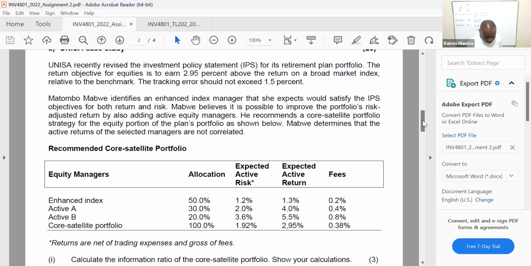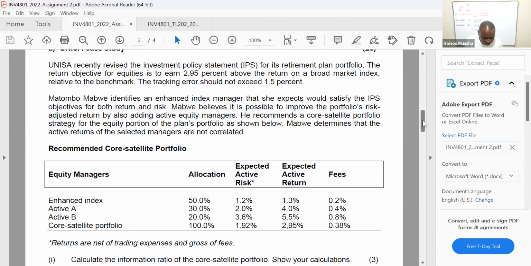Now, when we look at the investment policy statement, they say the return objective for equities is to earn 2.95% above the return on the broad market index relative to the benchmark. And the tracking error should not exceed 1.5%.